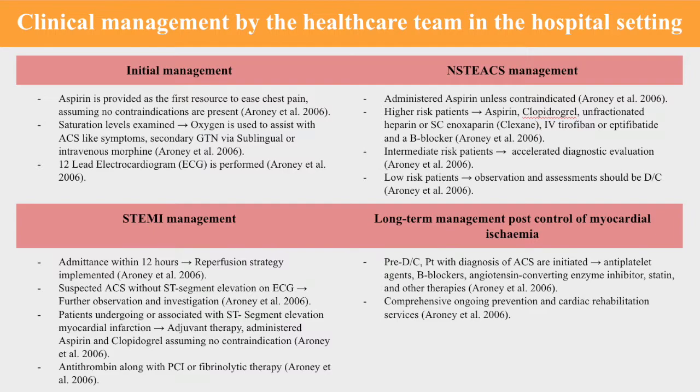Further to this, all patients undergoing reperfusion therapy for STEMI should also be administered aspirin and clopidogrel, unless contraindicated. Antithrombin therapy should be established in combination with PCI or fibrinolytic therapy with fibrin-specific fibrinolytic agents, although antithrombin therapy in conjunction with streptokinase is optional.